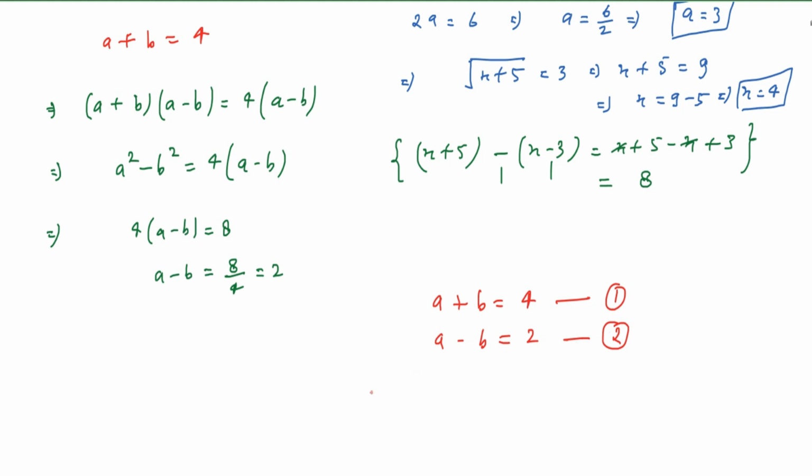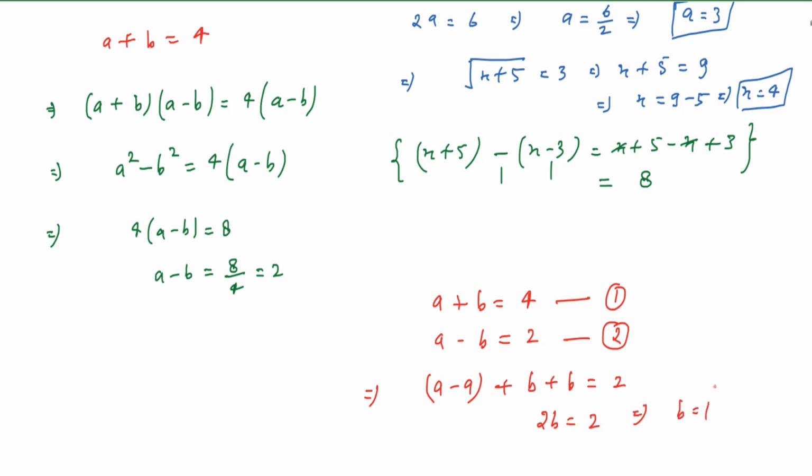If we subtract equation number 2 from equation number 1, we have a - a, then b, and this negative will become positive, so b + b = 4 - 2, which is 2. From here we will have 2b = 2, that means b = 1.